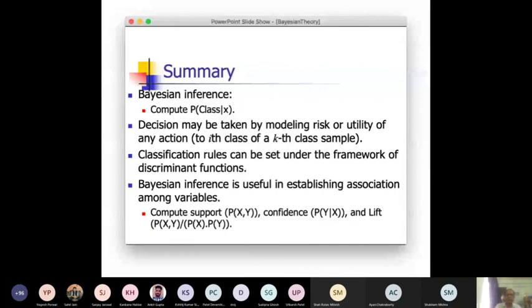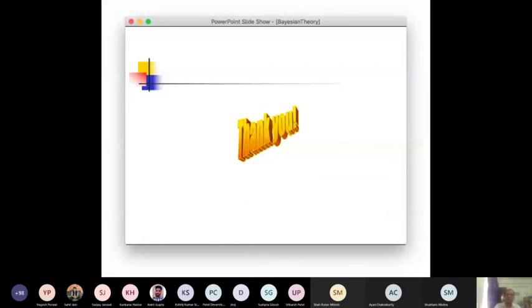So it's a probabilistic approach to finding associations, and that is where Bayes theory has its role to play. The last part is that rules with high support and confidence, and lift not around 1, should be considered for association. So with this, let me conclude this particular topic.